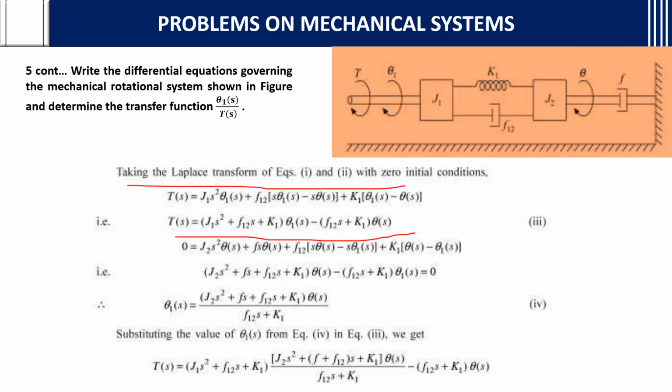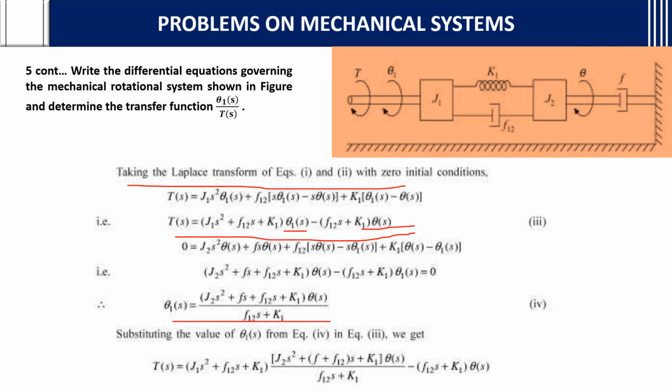The first equation's Laplace transform will be like this after taking theta 1 of s and theta 2 of s common, and the next equation's Laplace transform will be this. As we want theta 1 of s and theta 2 of s, from the fourth equation, take theta 1 of s on the left hand side. So you will get J2 s square plus f s plus f12 s plus k1 into theta 2 of s by f12 s plus k1.